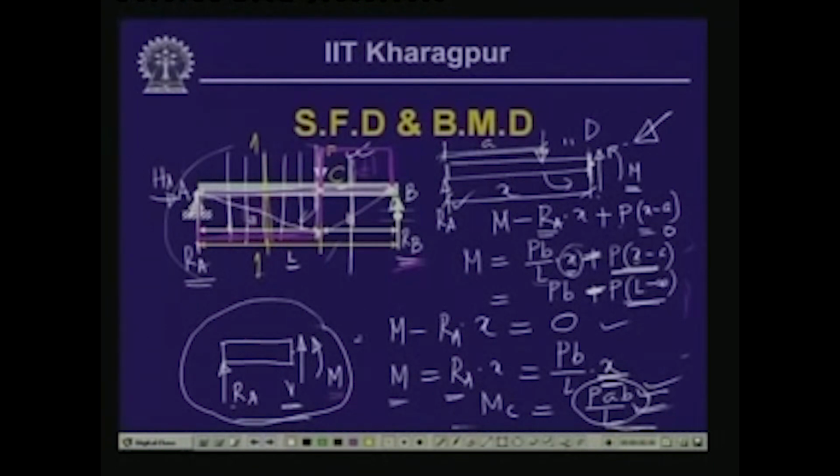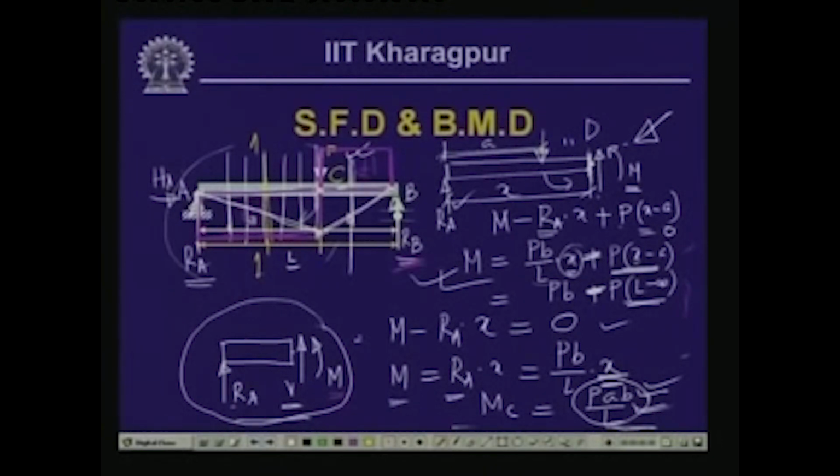So, it is coming in this particular form, and again from the general expression of this particular segment, we have here the value of the bending moment again as P A B by L when we substitute x equals A, and when we substitute x equals L, then we find the bending moment here as 0.